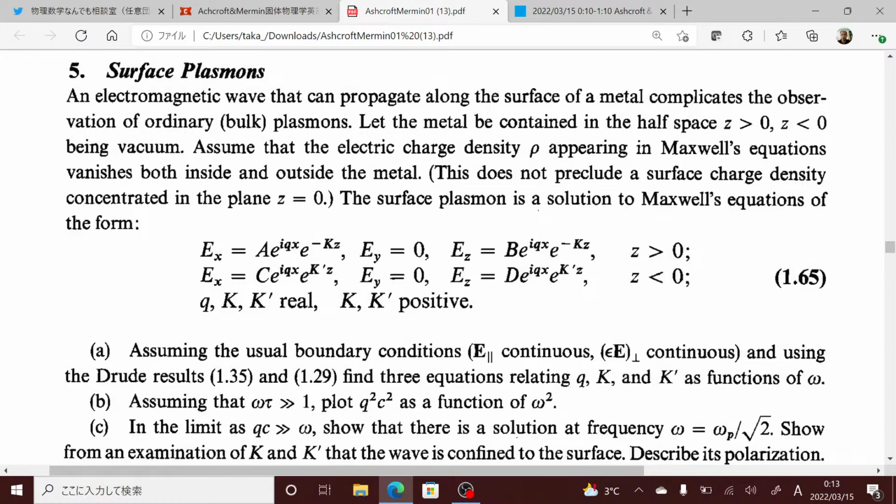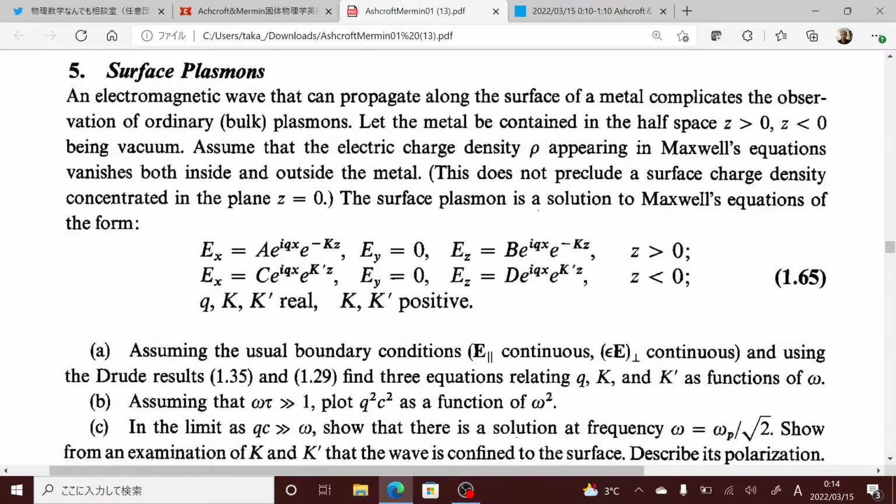Let the metal be contained in the half space z larger than 0, z smaller than 0 being vacuum. Assume that the electric charge density rho appearing in Maxwell's equations vanishes both inside and outside the metal.